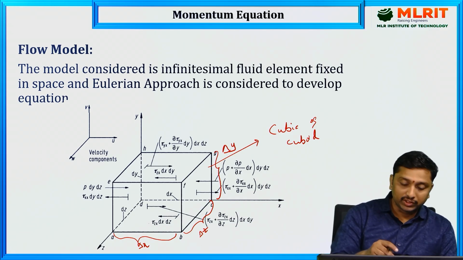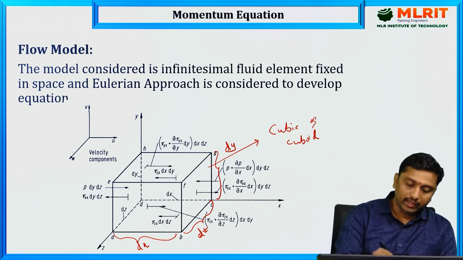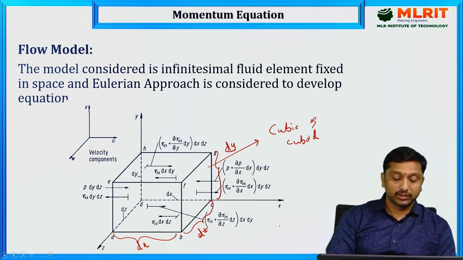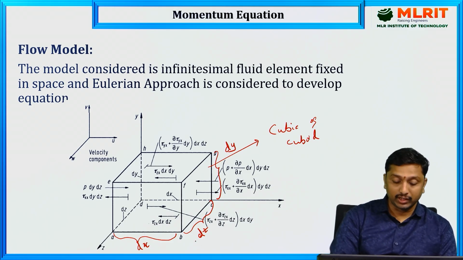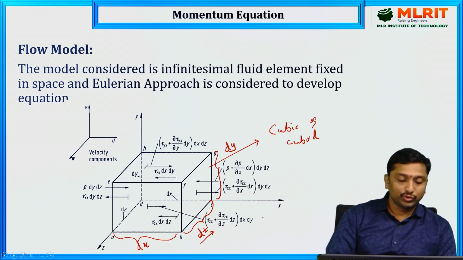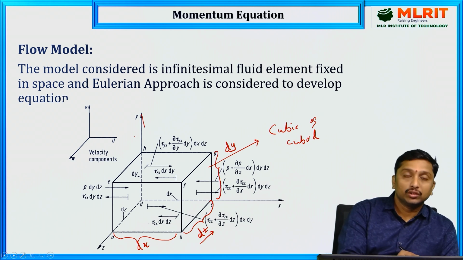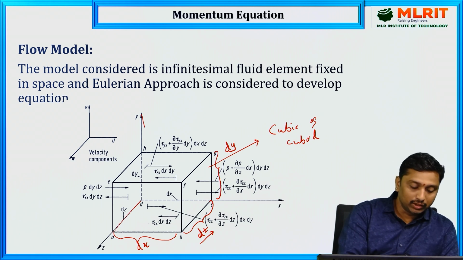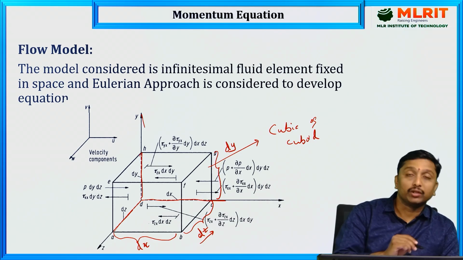In the equation it is represented as dx, dy and dz. So I'll consider this as dx, dz and dy, where delta x is the width of the element, delta y is the height of the element, and delta z is the depth of the element. If you observe this axis system, the root plane can be considered touching the axis or coordinate system of the model.